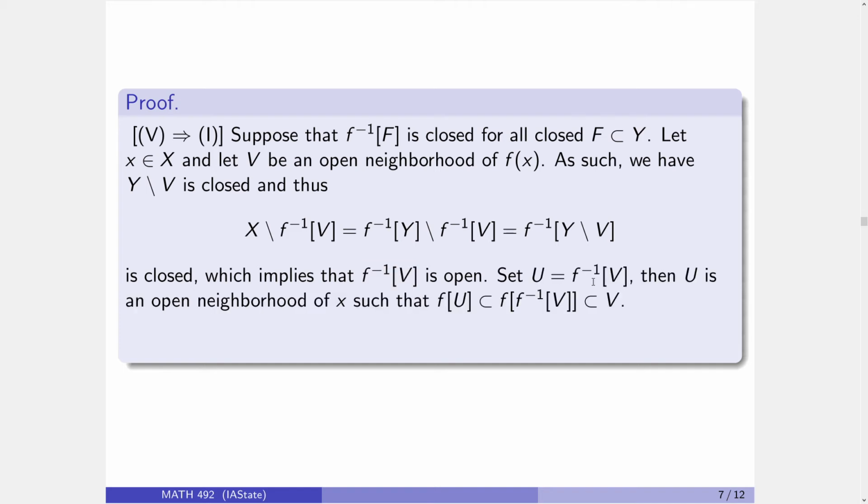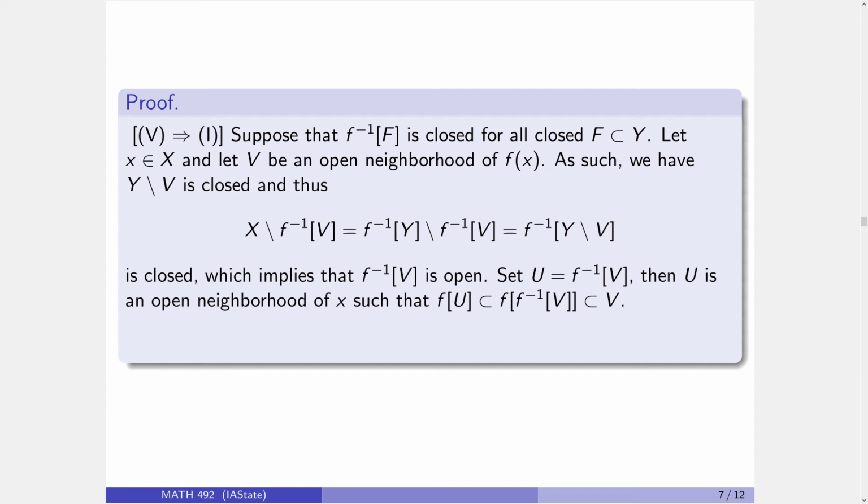So set U to be f inverse of V. That's an open neighborhood of x by definition, right? Since f of x lives in V, that means x lives in f inverse of V. And if I take the image of U, that is contained in, and is equal to, not contained in.